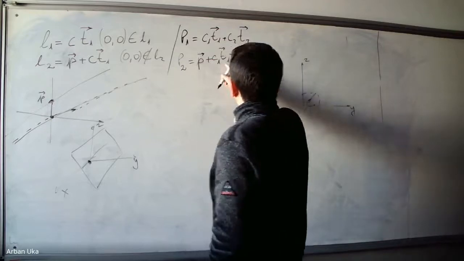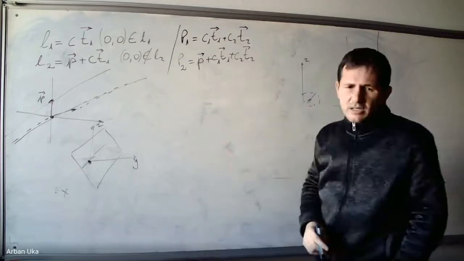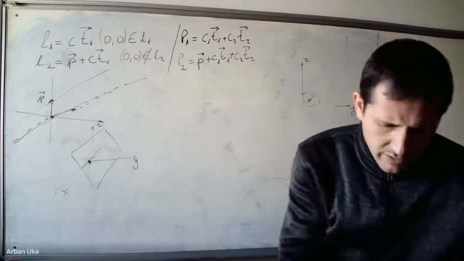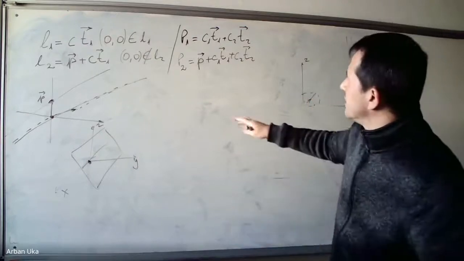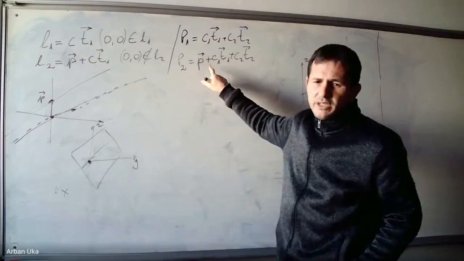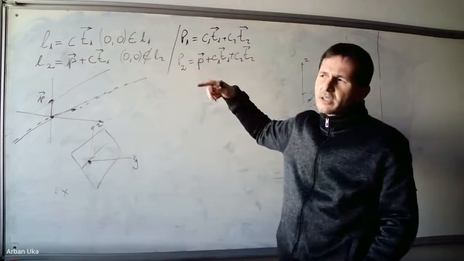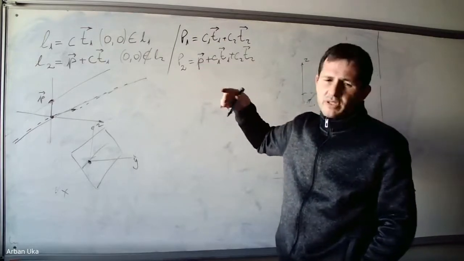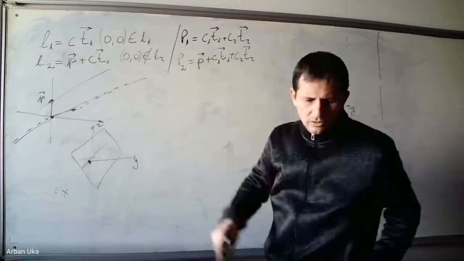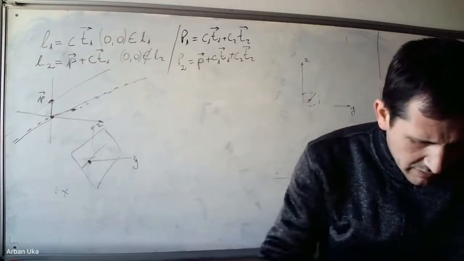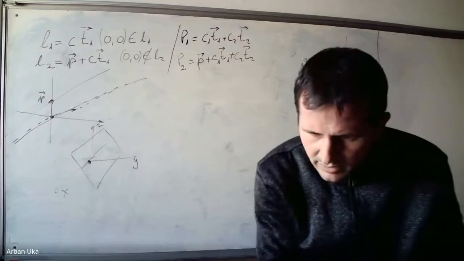This is again a plane, but this does not pass through the origin. The moment we write a vector P here, we are excluding the case when P is equal to 0. If P is 0, this will include the origin, or it will pass through the (0, 0, 0) point.